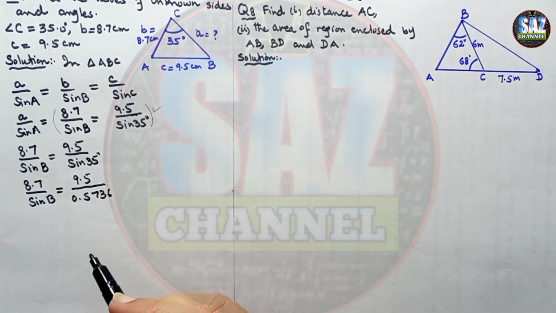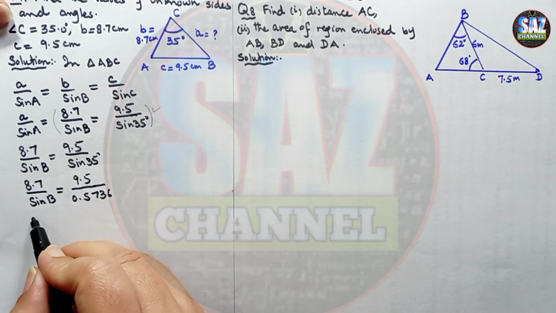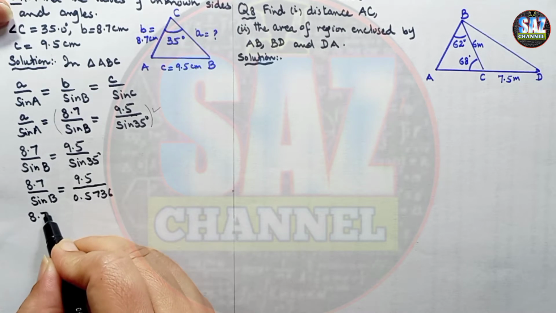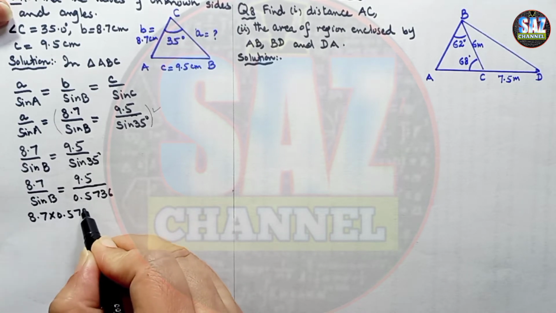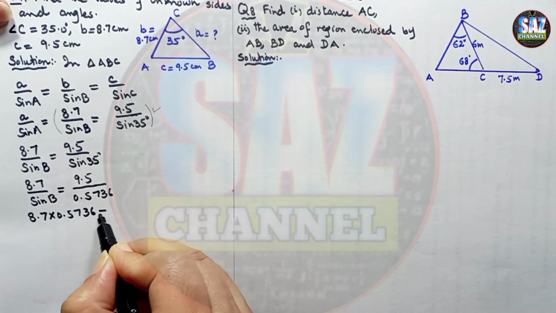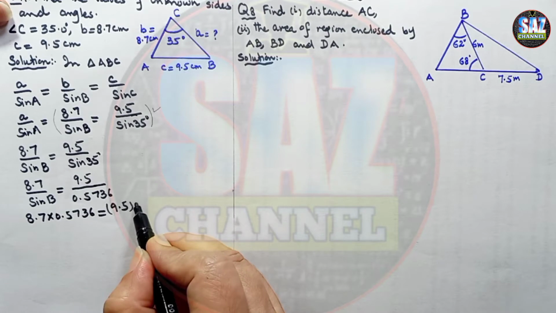After this, I have to go for cross multiplication, that 8.7 multiplied by 0.5736 equals 9.5 into sine B.